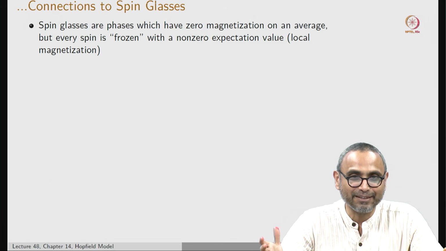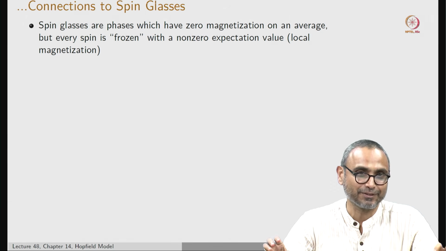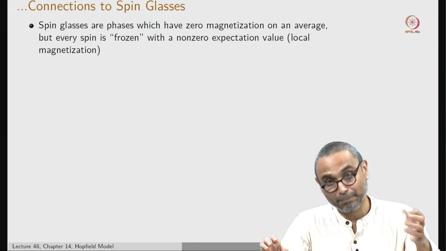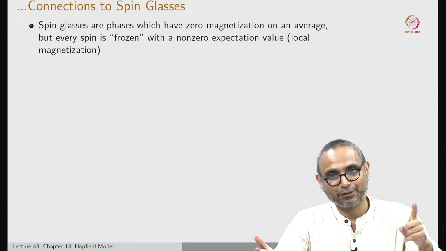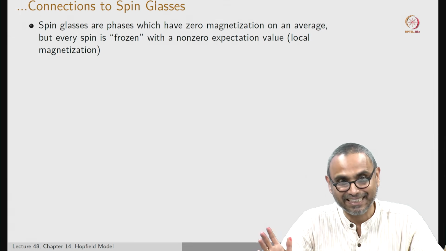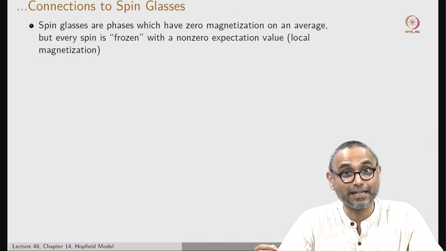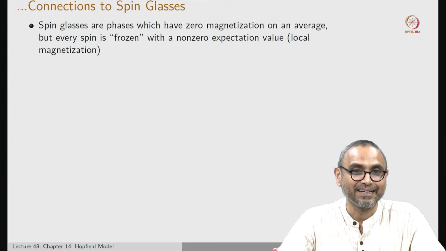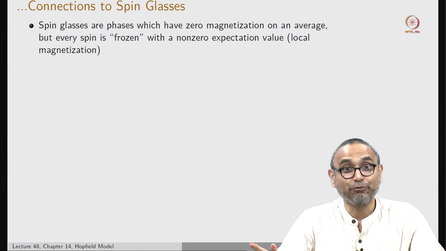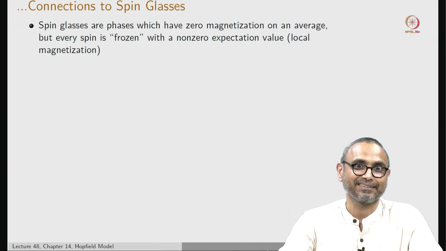So, if you look at the expectation value of the spin at any site, it will pick up some non-zero expectation value, because it may be fluctuating, but most of the time it will be pointing in a certain direction, either up or down, let us say up. So, you will get a non-zero positive value of the expectation value of Si. But if you average this Si over all the spins, you will get zero magnetization.